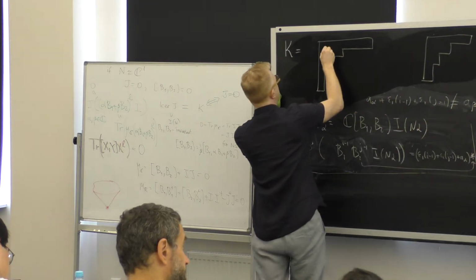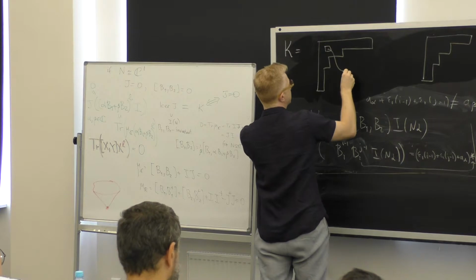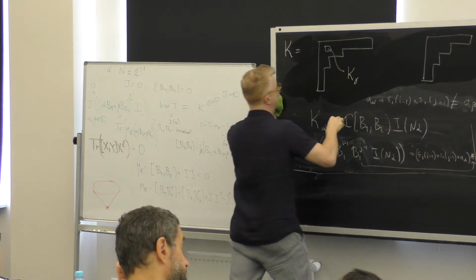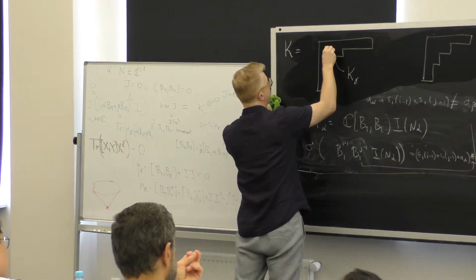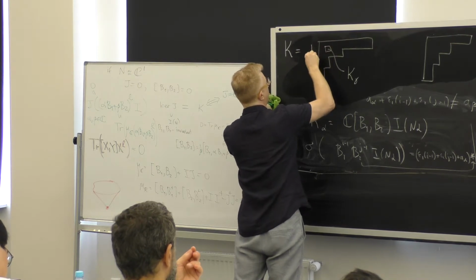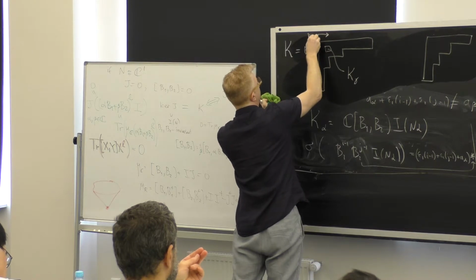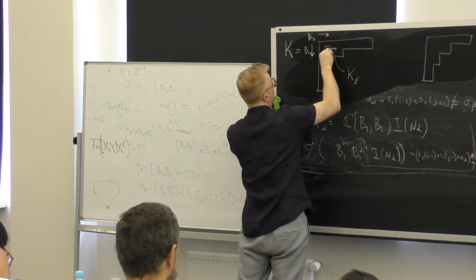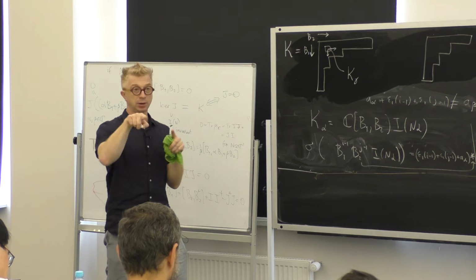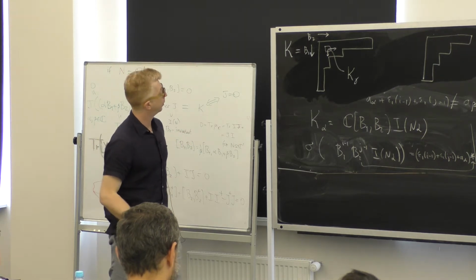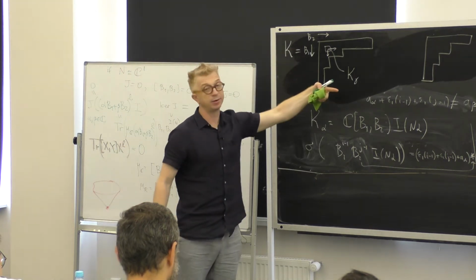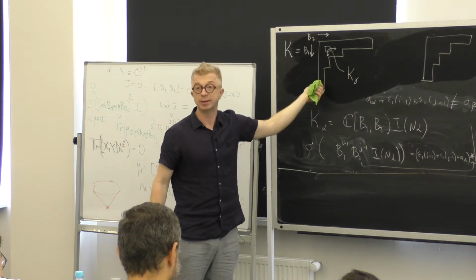So each square in the Young diagram is a one-dimensional subspace, one of these K gammas. And the operators B1 act simply by shifting the squares in one position to the right or below. And if it moves you outside the Young diagram, it means that you get 0.